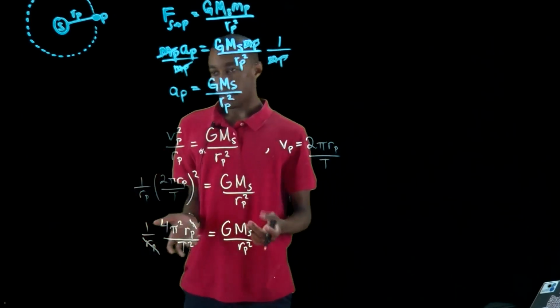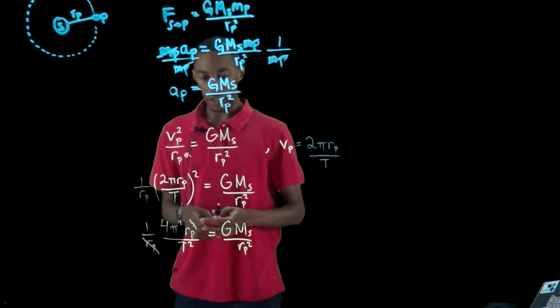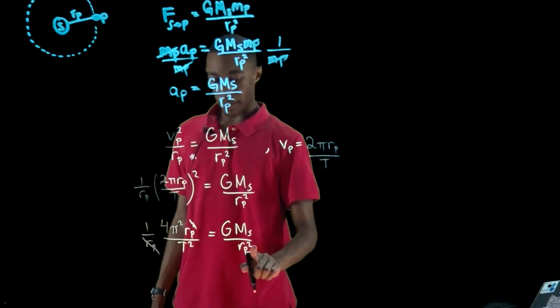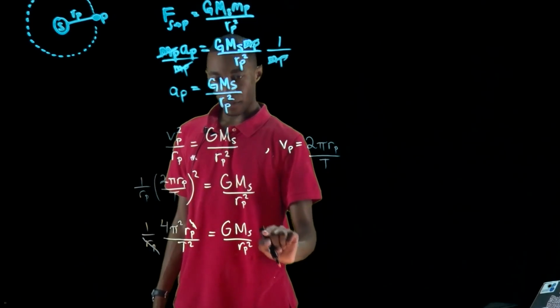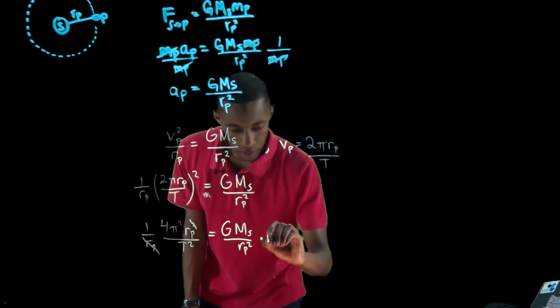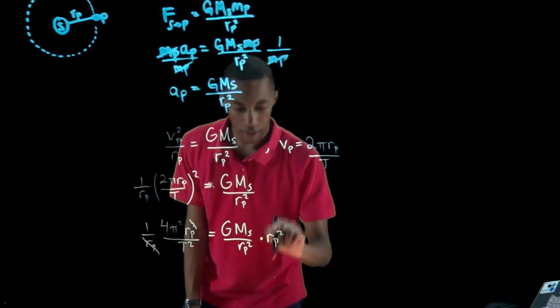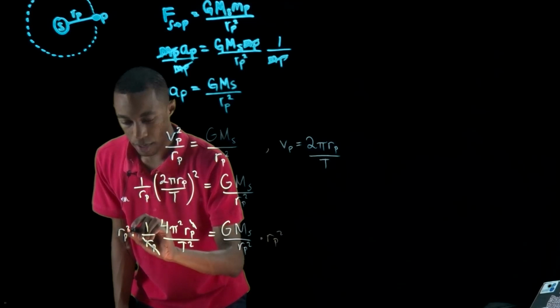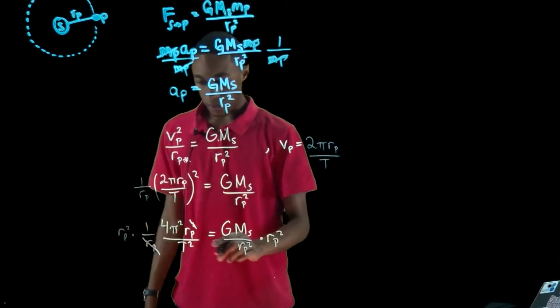Now to save myself a few steps and get through the calculation a little bit quicker, we will multiply in one step Rp squared on both sides. So I'll say times an Rp squared in the numerator, times an Rp squared here. Okay, so I'll multiply r squared on both sides.